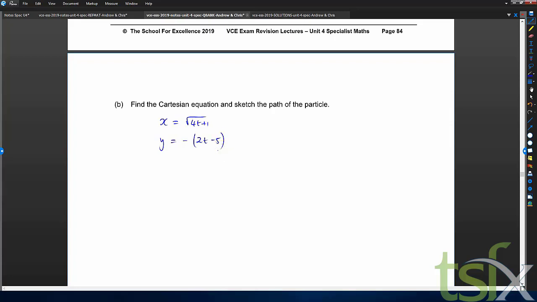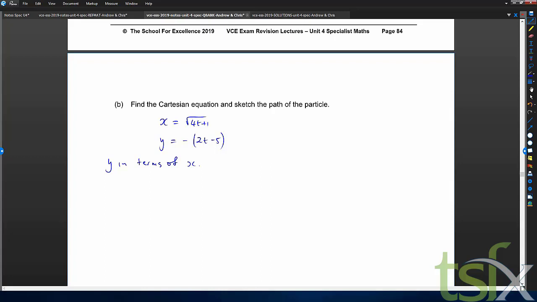Okay. What is the easiest way to get x in terms of y, or y in terms of x? Well, we really want y in terms of x. So we want y in terms of x. What's the easiest way to do that? T in terms of x.